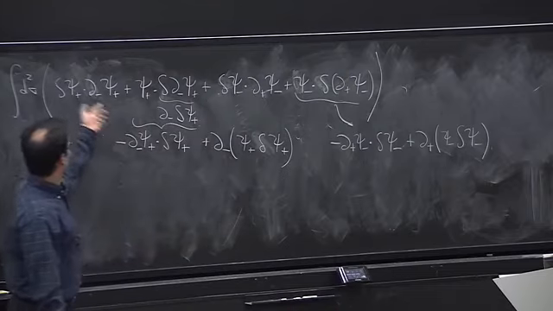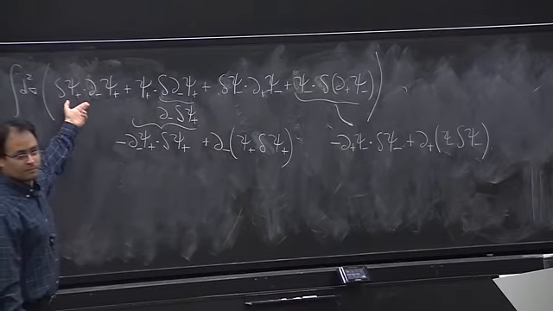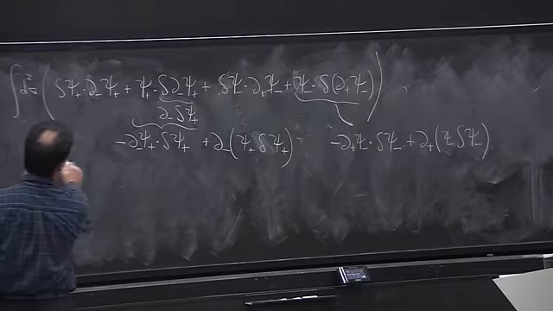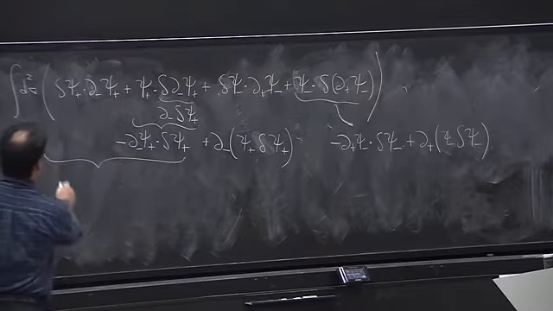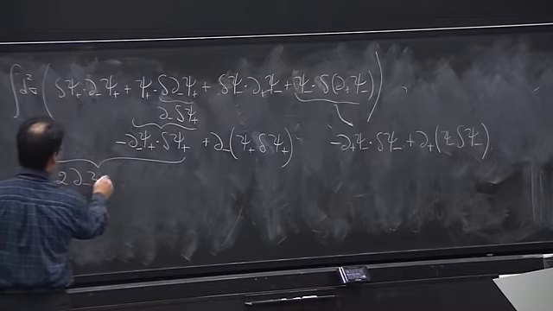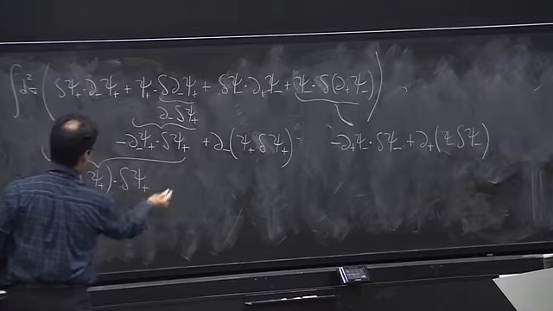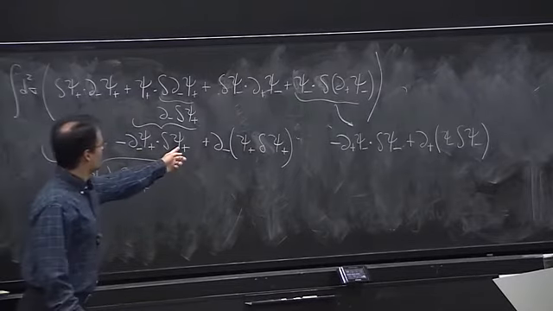Now we have to combine this with this, and we get? Very good. These two guys give us 2 times, and the reason is that they anti-commute, right?